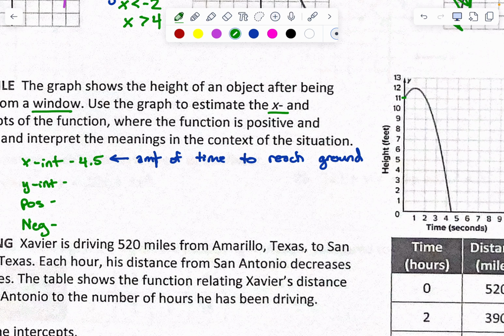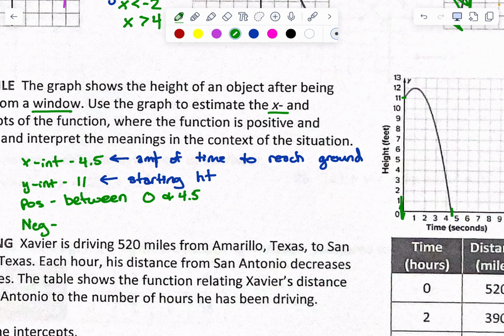What's the y-intercept? Where it touches the y-axis. 11. And what's that tell us? Where it starts. Starting height. Okay? It is positive from what to what? Between 0 and, I'm going to say 4.5 because that's where he hits the ground. So between these two, he is positive.